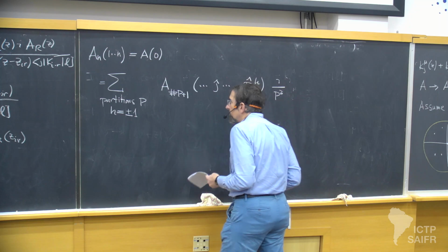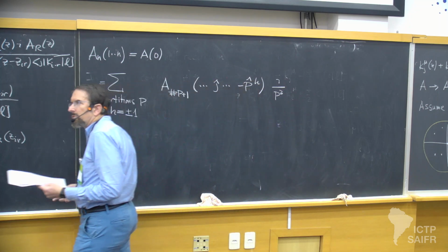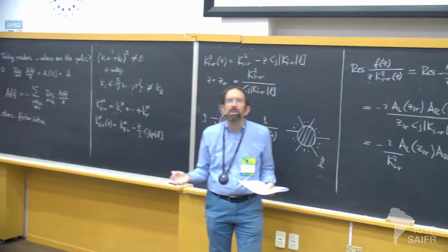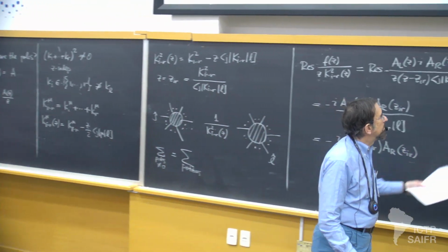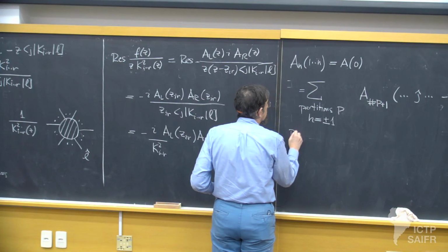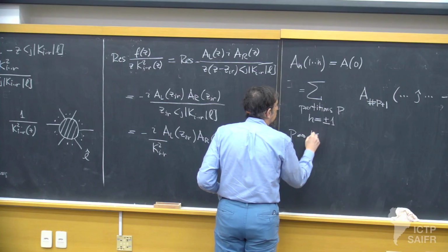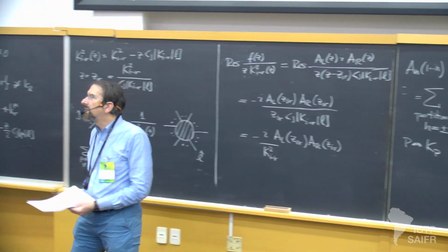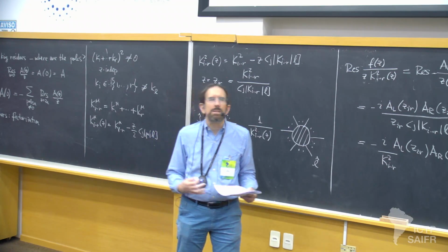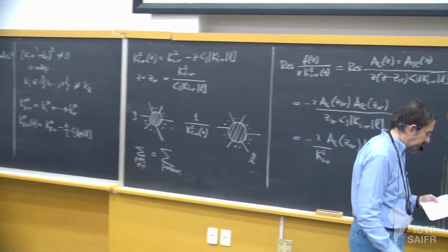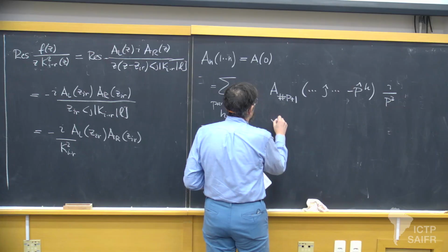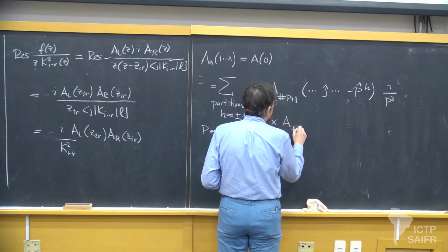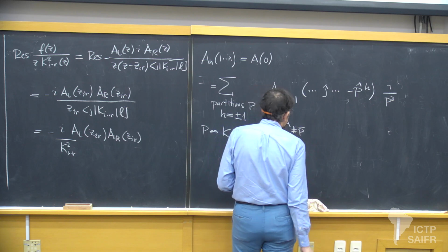So here, P is really denoting a set of indices. It's a set of consecutive indices because everything is ordered. But I'm also identifying some set of indices with the momentum, the sum of momenta over that set of indices, in the same way that I'm identifying indices with momenta. And that's going to be multiplied by an amplitude for the remaining indices.